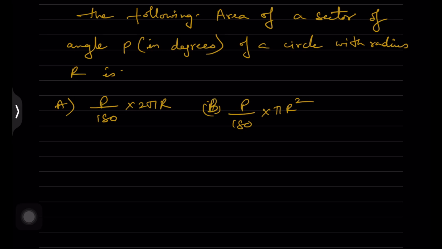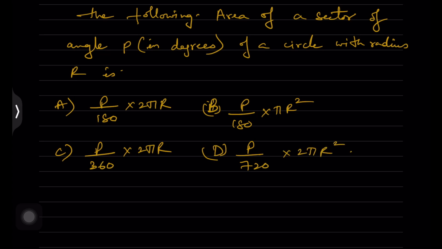That's B. Then you have C as P by 360 into 2 pi capital R. Then D is equal to P by 720 into 2 pi capital R square.